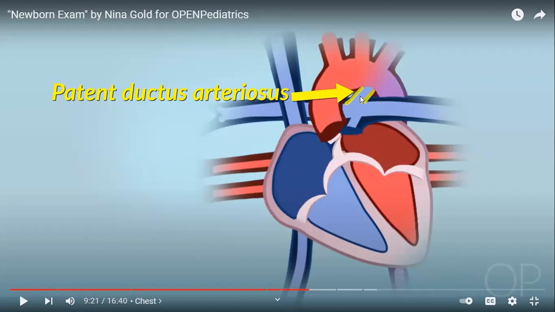But in a few unfortunate babies, this duct continues, so it is called patent ductus arteriosus. The problem is, if it is open, the oxygenated and deoxygenated blood start mixing.